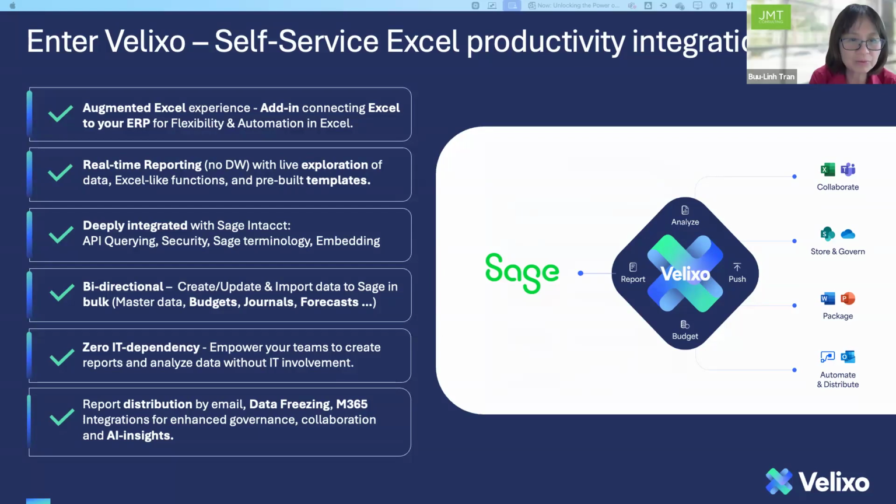I just wanted to mention one thing that you mentioned, that when you push data back, it's based on that user security, what that user security has within that ERP system, right? Sage Intacct. So if that person has access to, let's just say, accounts payable, but not general ledger, they would not be able to push a journal entry through because that person does not have access to the general ledger.